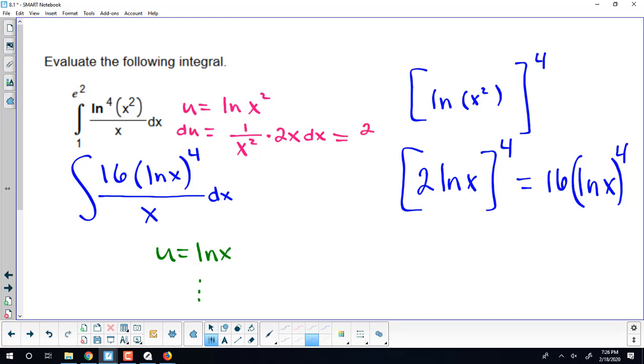And there you have it. There's your 2 over x dx. We don't have a 2 here, so we can multiply by 2 if we wanted to do that. Or we could just say that 1/2 du is 1 over x dx and substitute here. So either way you look at it, it's a u substitution.